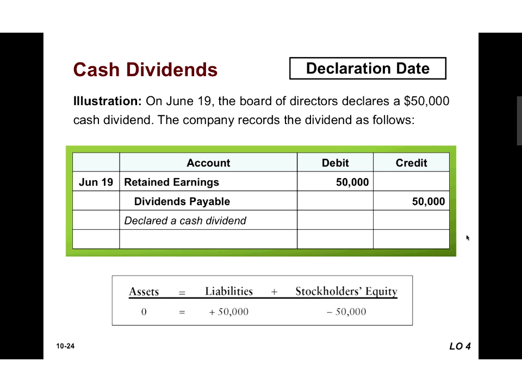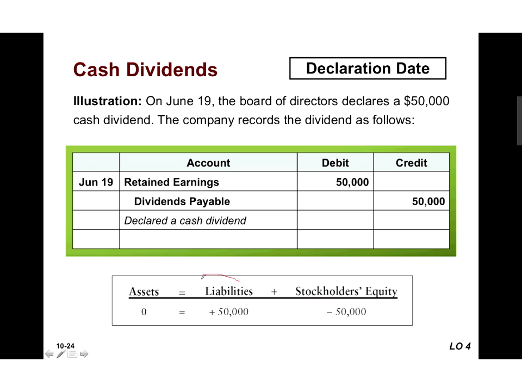Okay, we have a question coming up in a minute or two on this very item. This bottom part is going to be in the question that's coming up. My question is going to relate to the effect of declaring a dividend on liabilities and stockholders' equity.